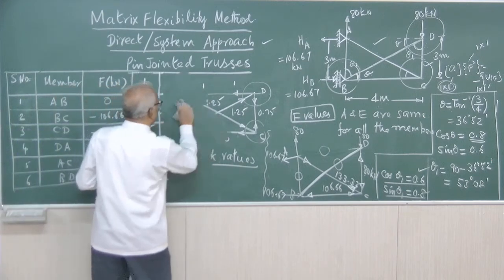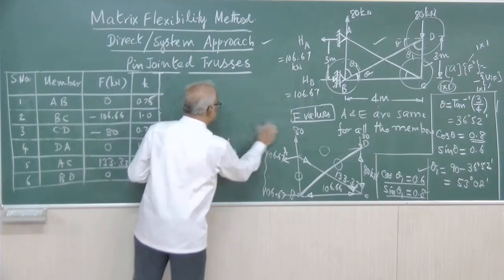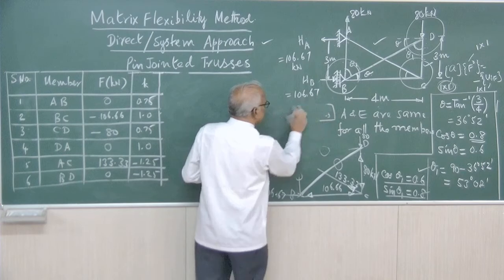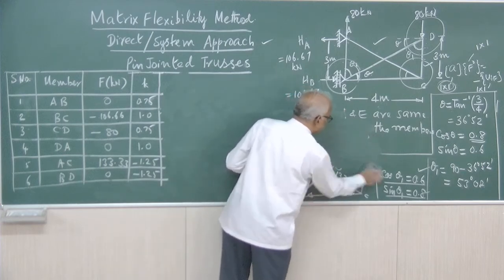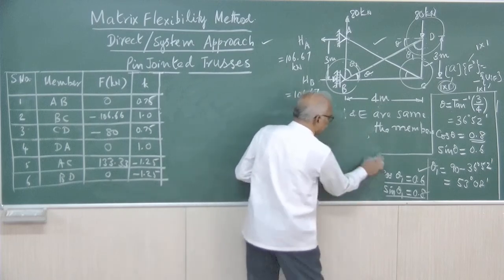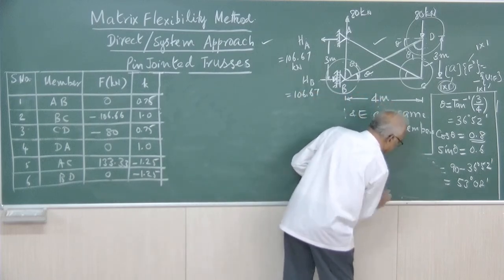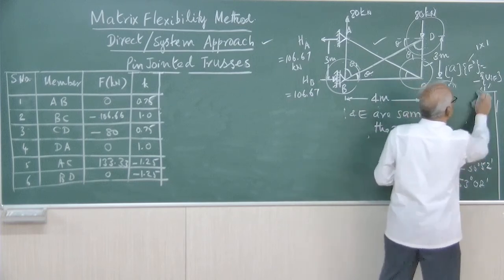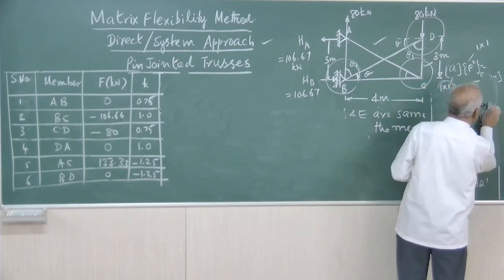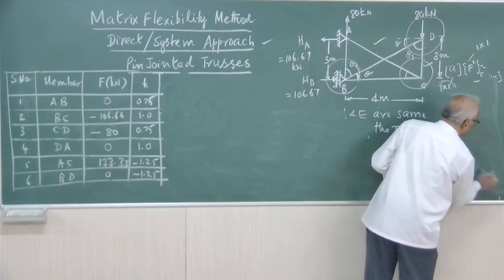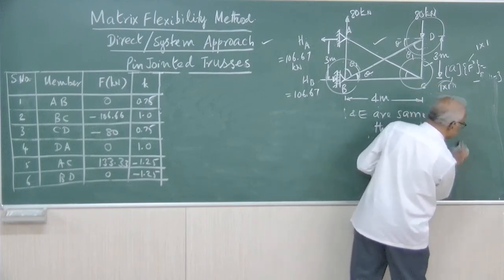Now we will rub off. So with these theta, cos theta, sin theta values, every time you need not write 36 degree 52 minutes, 53 degree 08 minutes, and we will be able to save time.